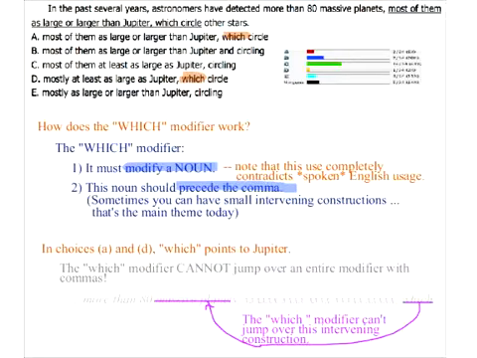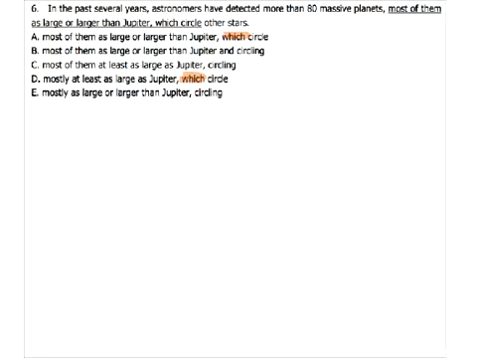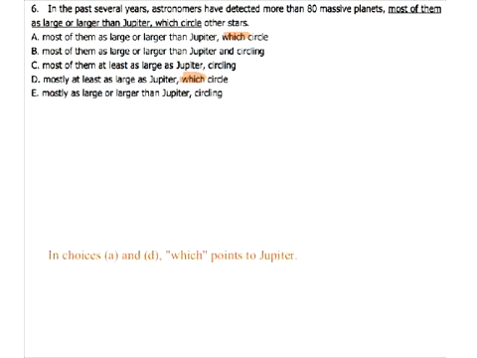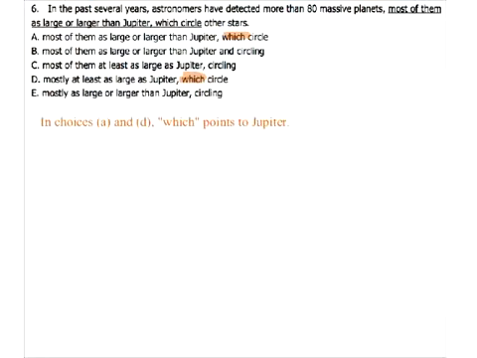In choices A and D, which would have to point to Jupiter. This is a problem for two reasons. What are those reasons? Why is it incorrect? Quant text box. One person's mentioned the subject verb agreement.